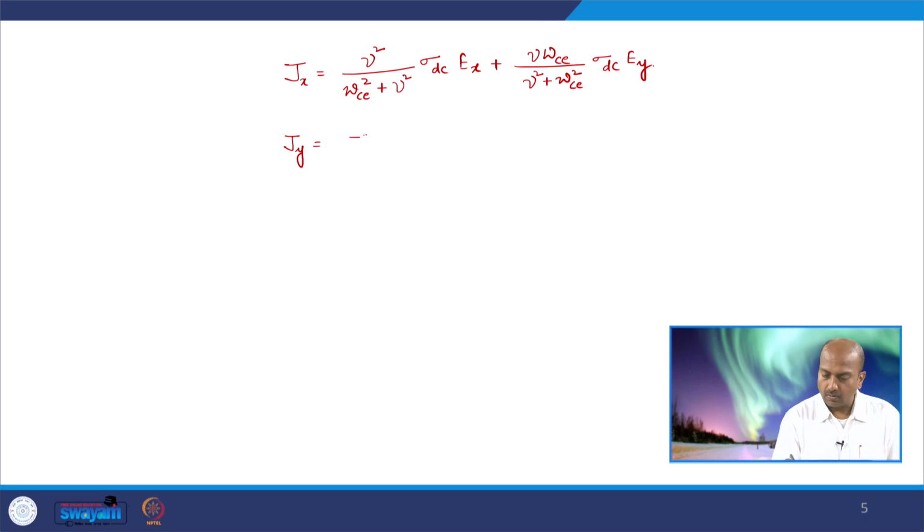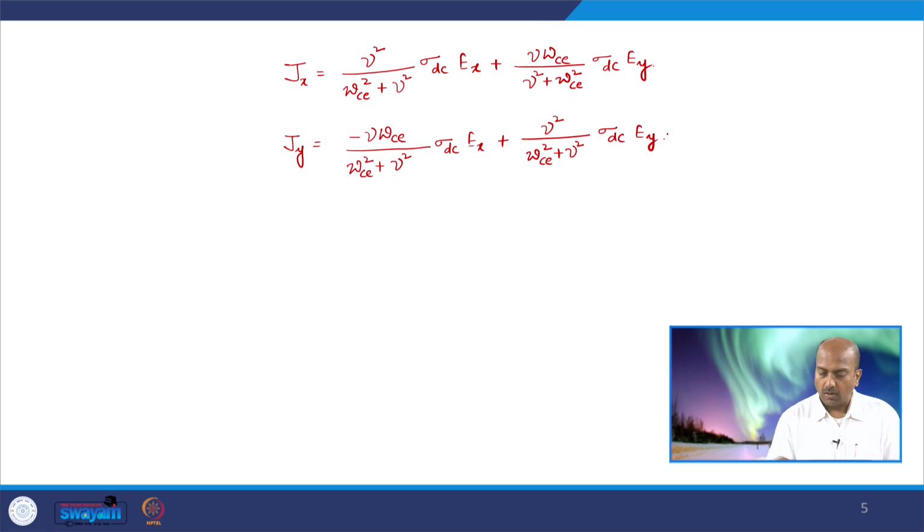Jy is equal to minus nu omega ce, and I am just writing them in such a way that the electric field components can also be matched, divided by omega ce square plus nu square times sigma dc Ex, plus nu square divided by omega ce square plus nu square times sigma dc Ey, and Jz is equal to sigma dc times Ez.